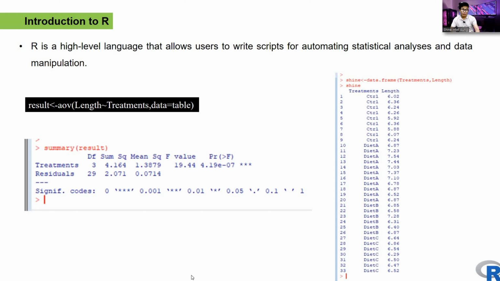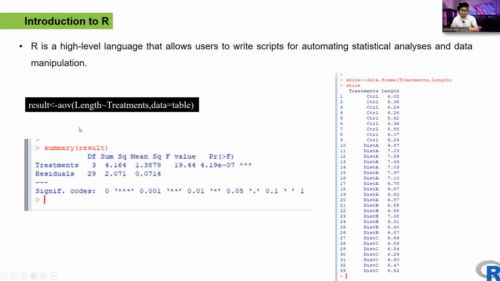For example, we have a data table that is collected data for treatment and control, diet A, diet B, and diet C, and then len is the data for this treatment with four replications. For example, we want to calculate the ANOVA for this data. We need to write only one sentence: aov(len ~ treatment, data = table).